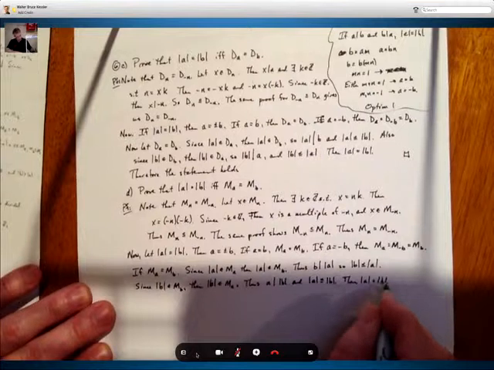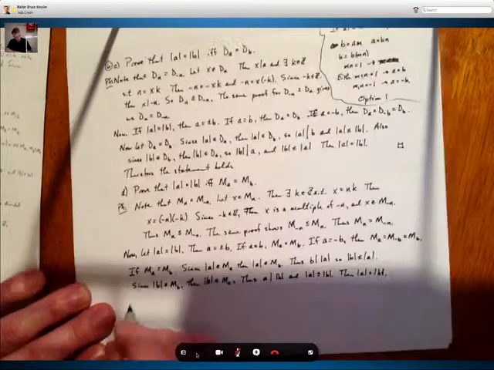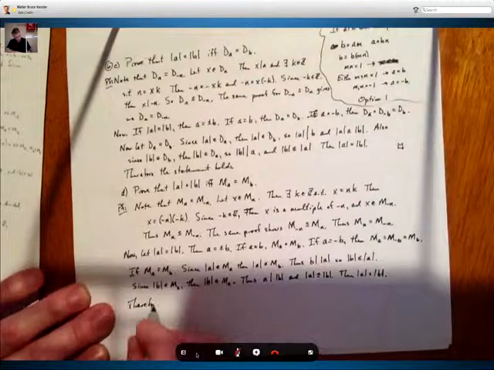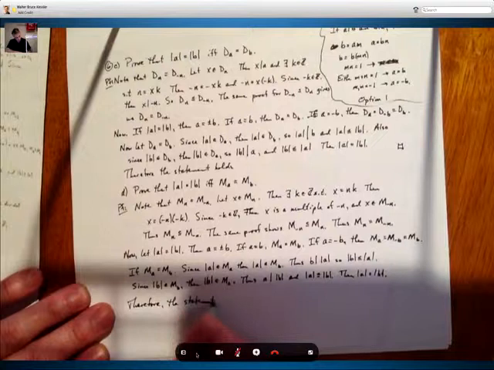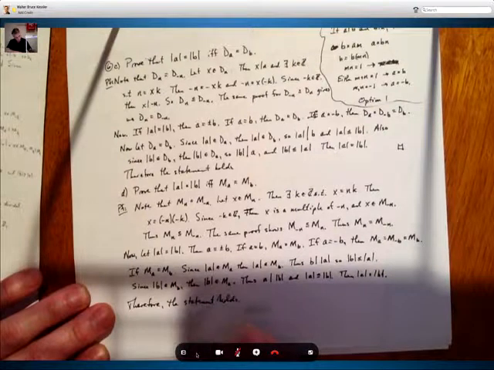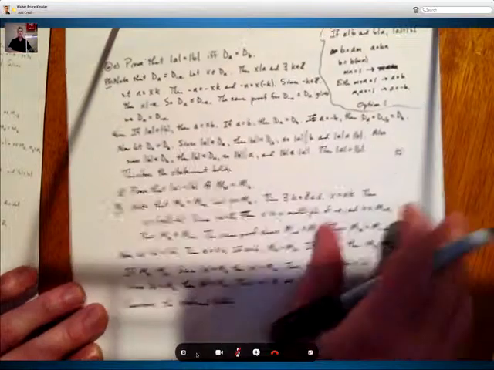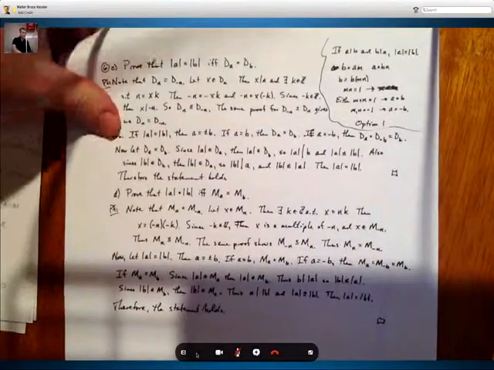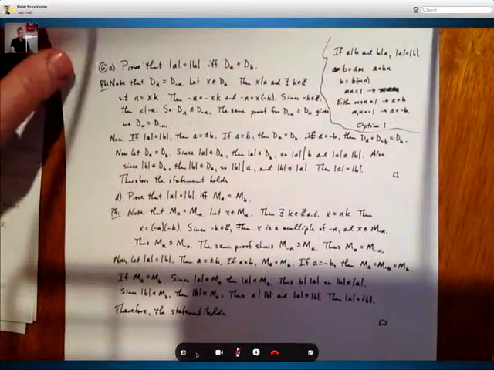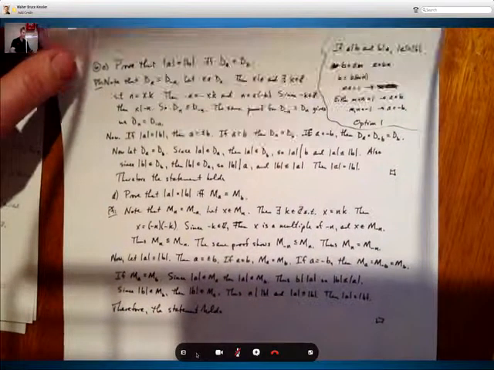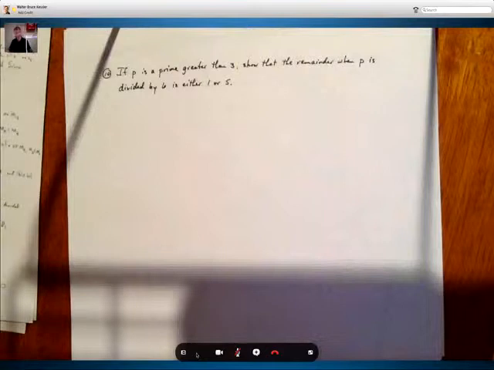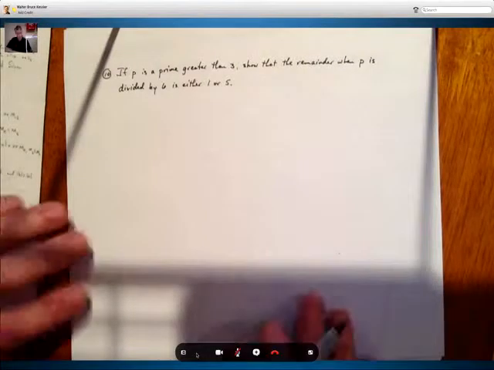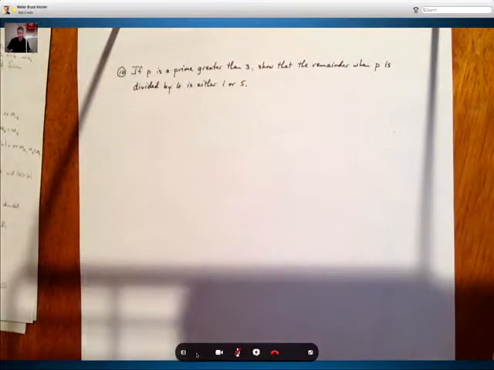Since you have both, then they're equal. Therefore, the statement holds. So I don't know if that's maybe more work than the option one that Marcus and a few guys took, theorem 3.1.7 or whatever that was, but still not too bad.